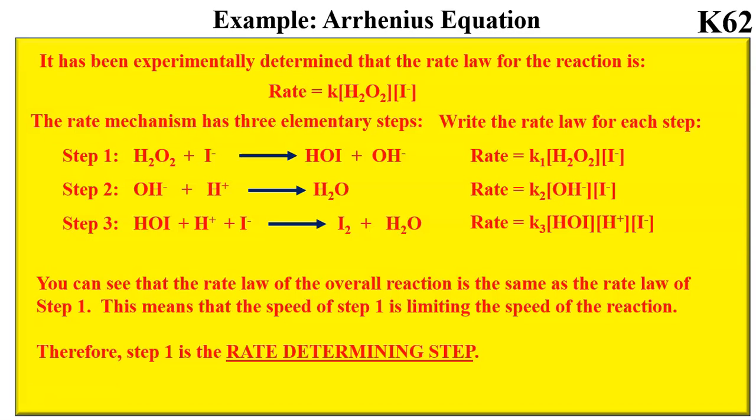The slowest step is going to determine what the speed of the overall reaction is. So therefore, this is a principle you should remember: the rate law for the slowest elementary step is going to be the rate law for the overall equation.